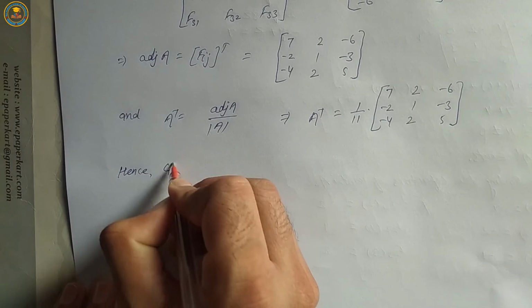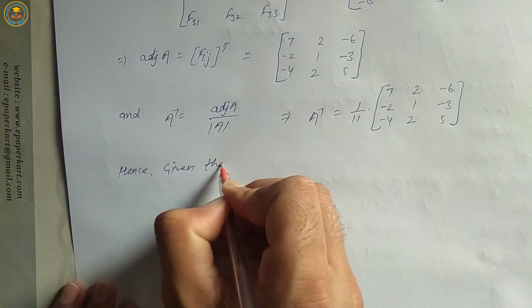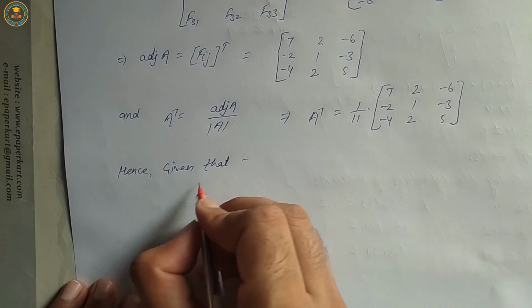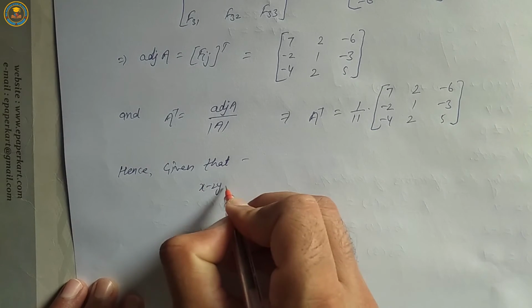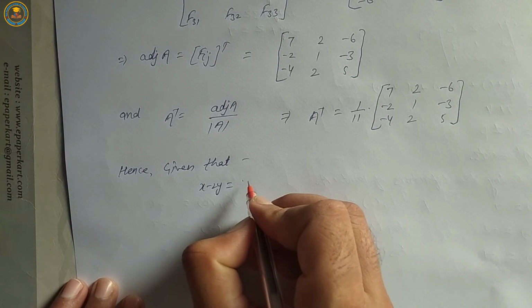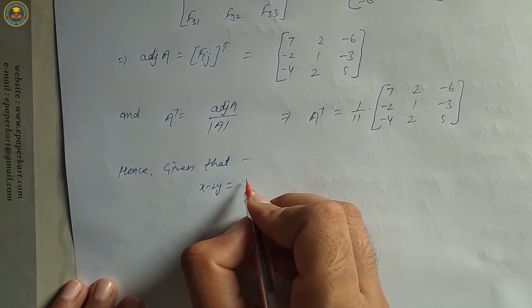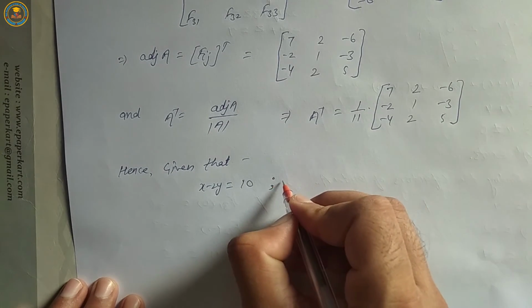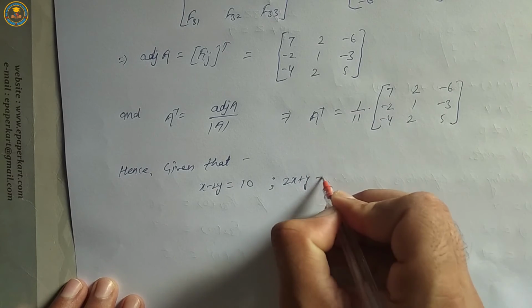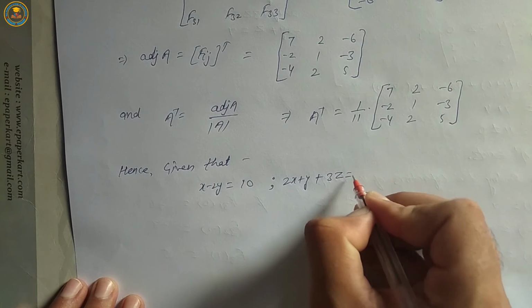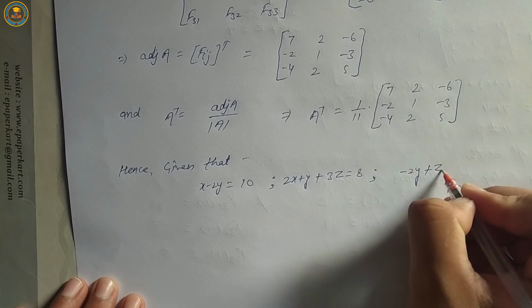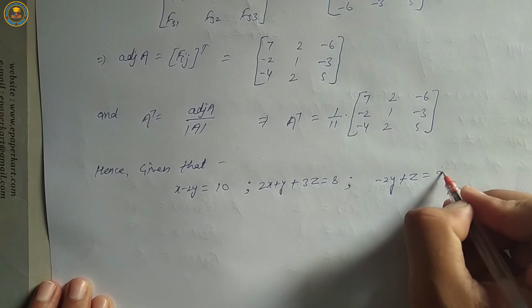Hence, given the linear equations: x minus 2y is equal to 10, 2x plus y plus 3z is equal to 8, and minus 2y plus z is equal to 7.